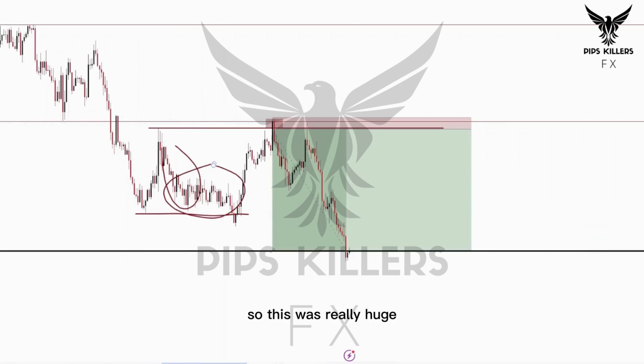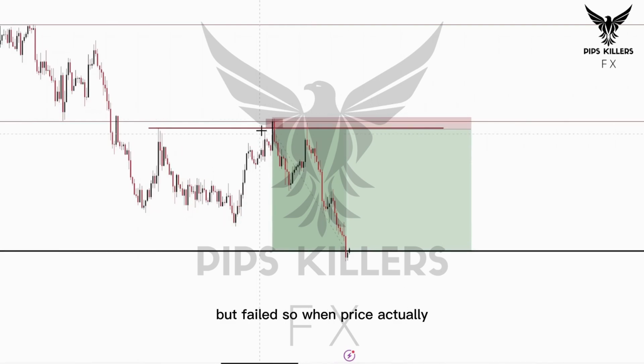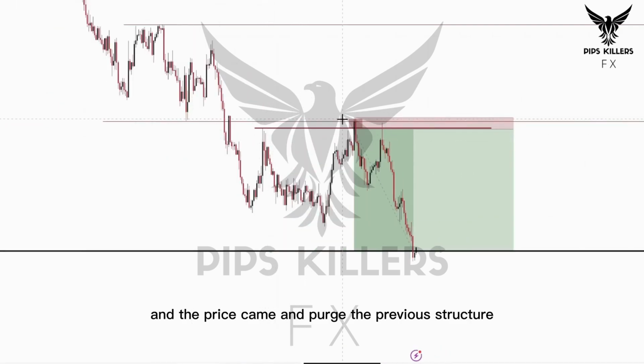This was really huge, because even though it broke structure, it never rejected at my current test. And the small micro rejections here showed the price did want to initially continue lower, but failed. So when price actually did purge and came back into the range, all I had to do was wait for the return to origin. And the price came and purged the previous structure.